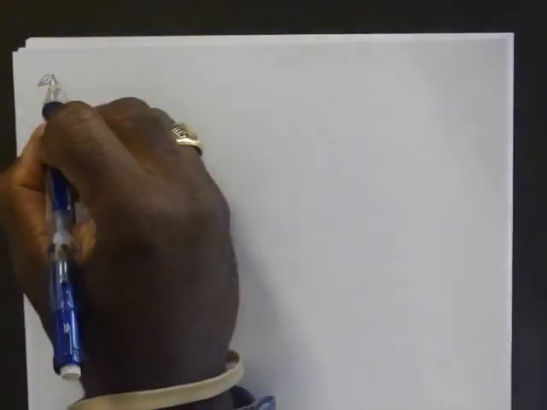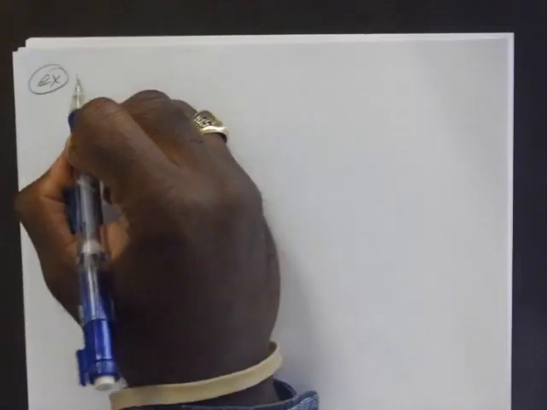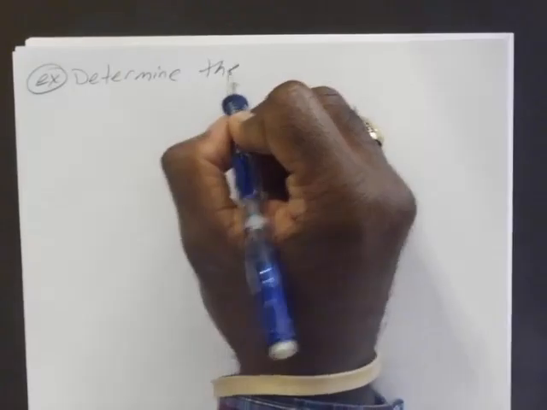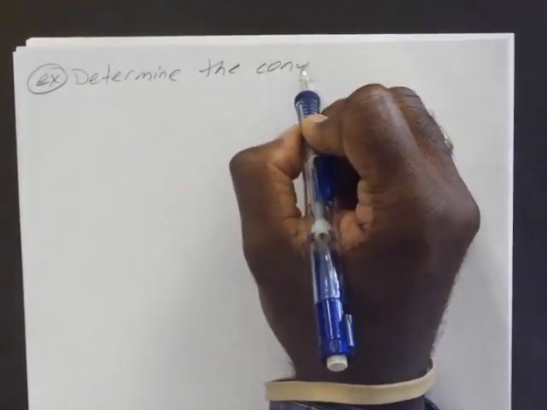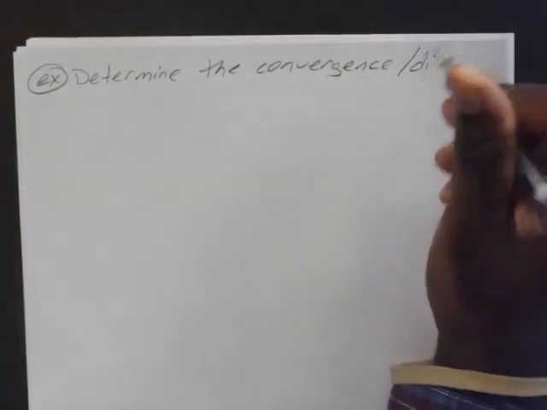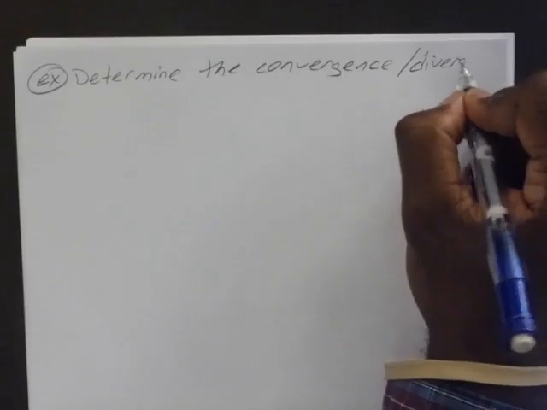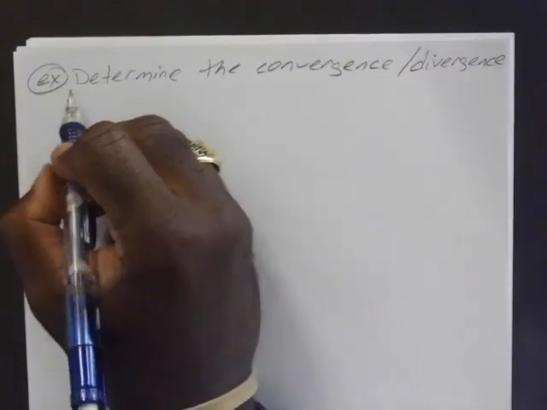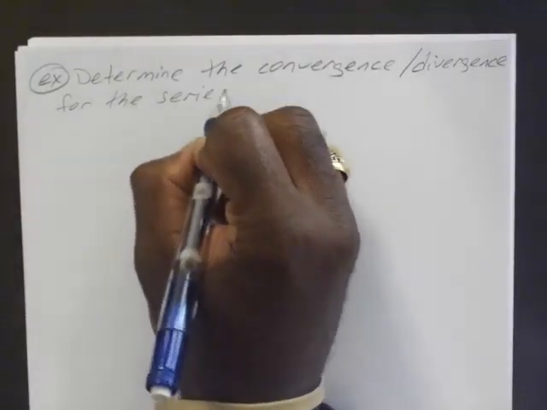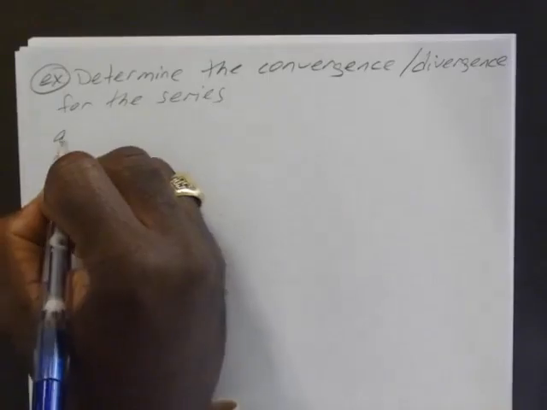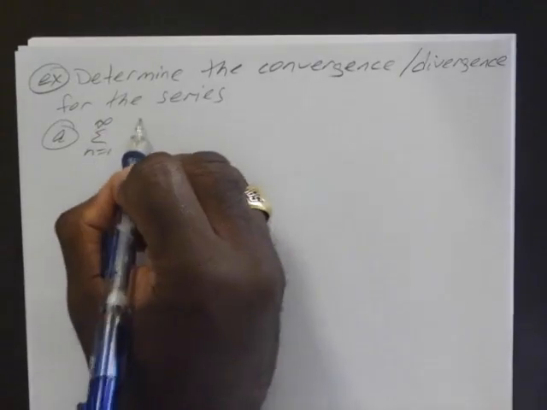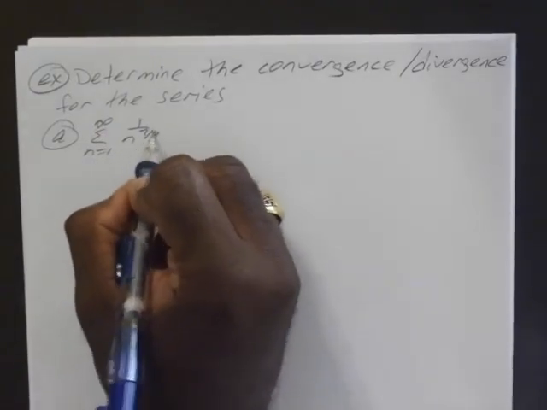So let's say, for example, we wanted to determine the convergence or divergence for the series, let's say for A, we have the sum from n equals 1 to infinity of 1 over n to the 7/8 power.